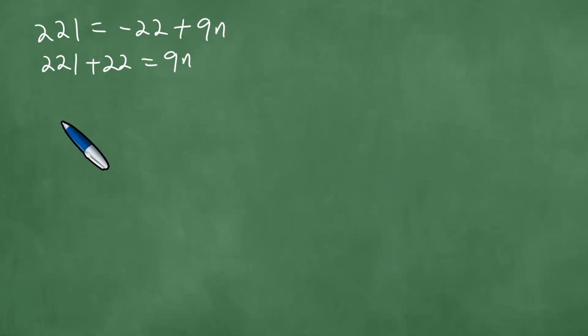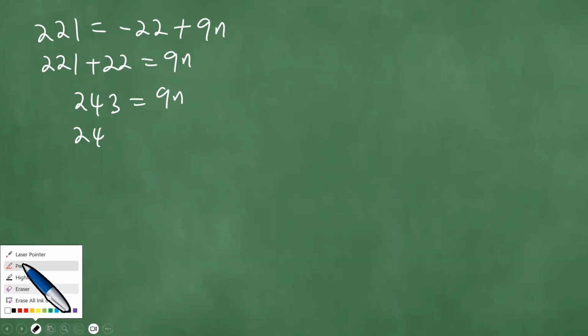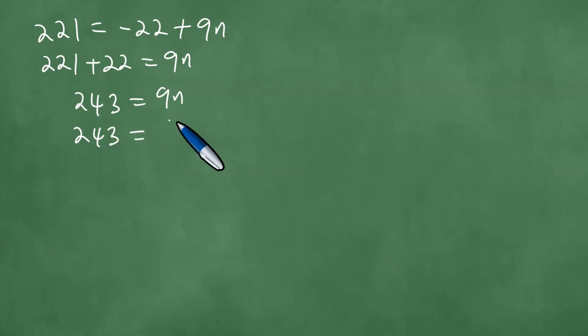Now we find the summation here. 221 plus 22 is 243. So if we have 243 equals 9n, we divide by 9 on both sides. So 243 divided by 9 is 27.